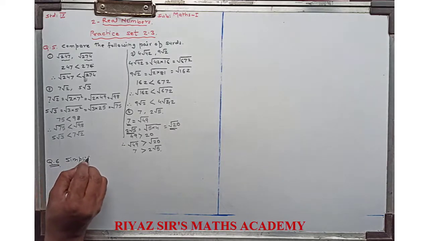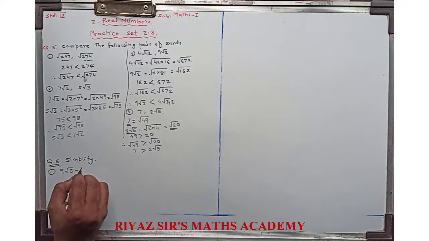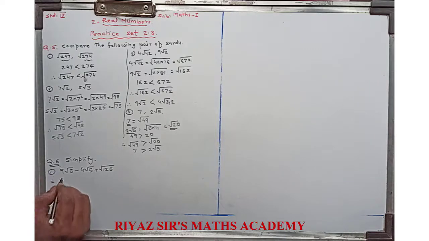Simplify. Okay, now in that the first example is 9 root 5 minus 4 root 5 plus square root of 125. So here if you observe, the first two surds, that is 9 root 5 and 4 root 5, the radicands are equal.